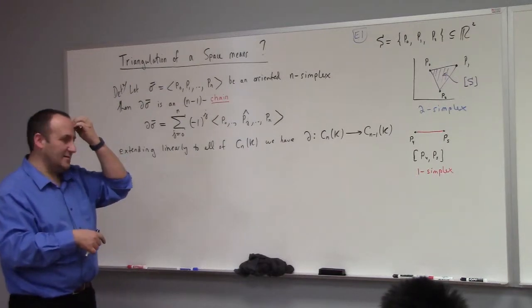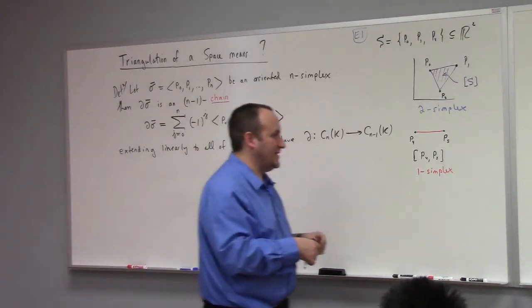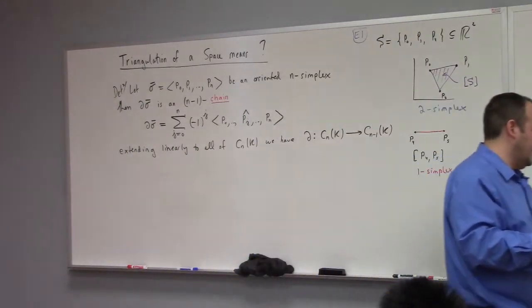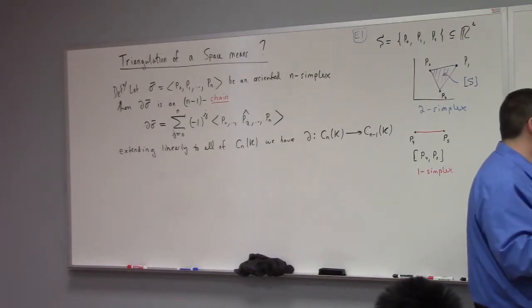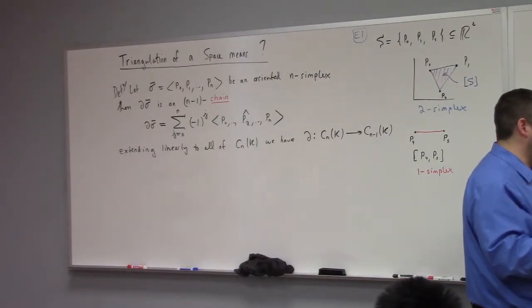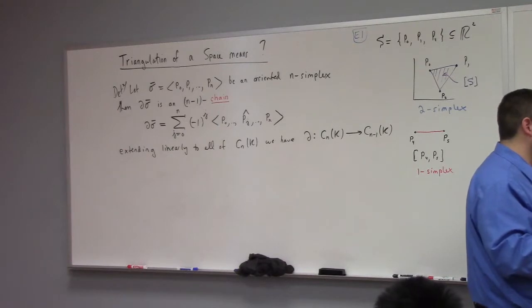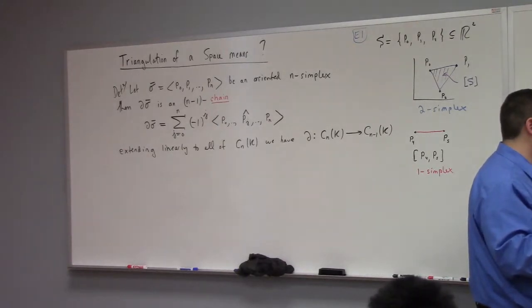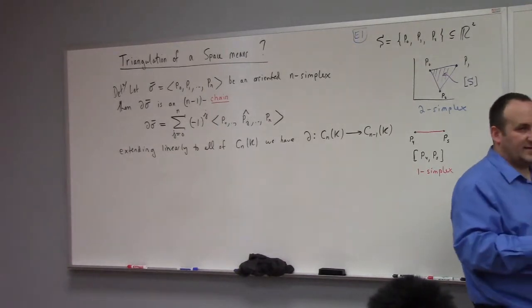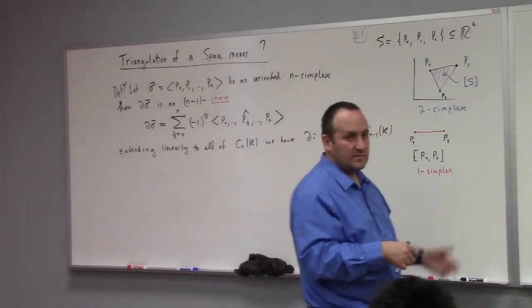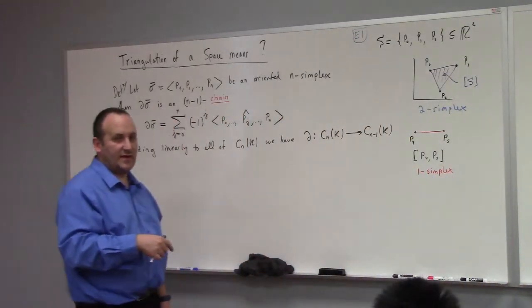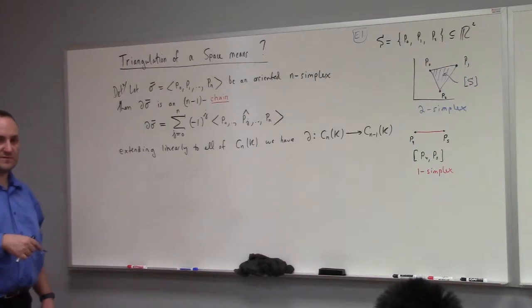You say, what do you mean? Well, the vector space in which we're working takes the different faces as a formal basis. So it's not a vector space you've worked with before.